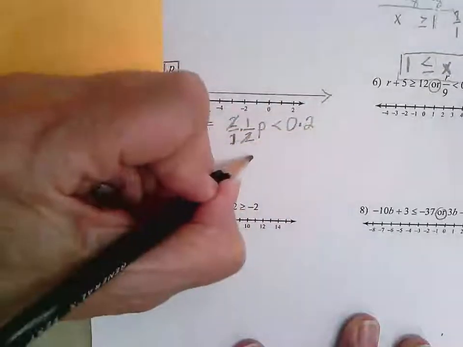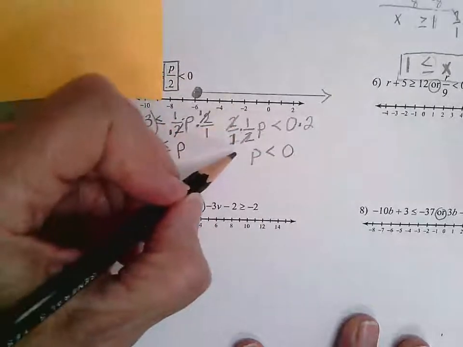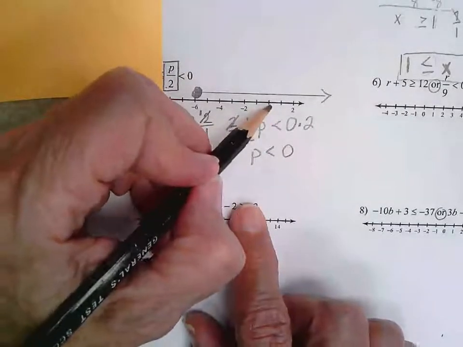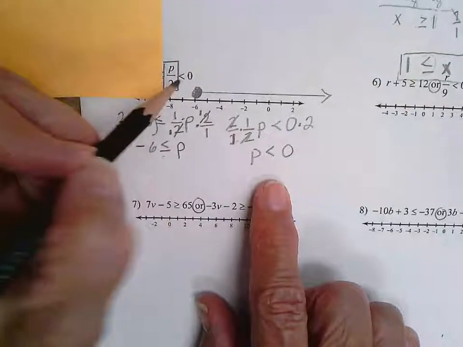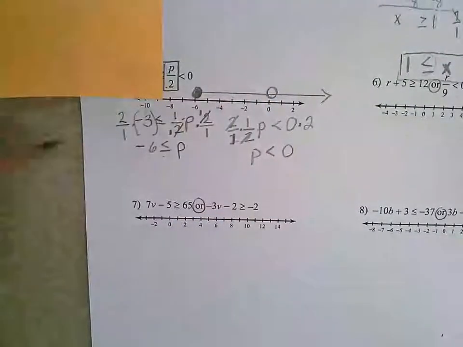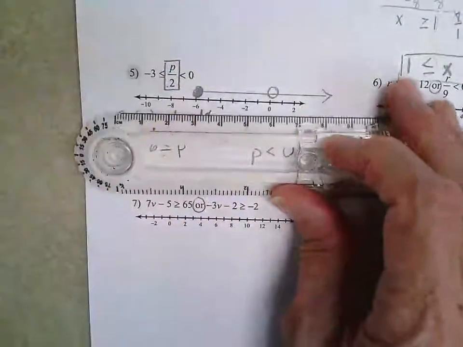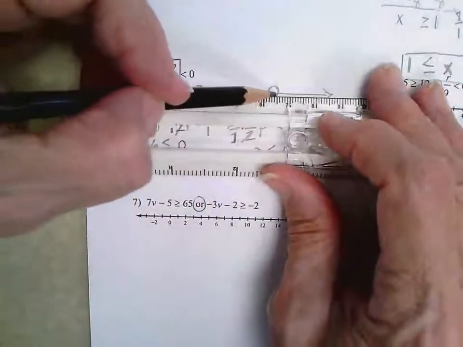So that's going to mean that p is less than 0. So I'm going to come up here and I'm going to find 0. It is not a filled in circle. It is open, and it is going to go to the right. Excuse me, to the left.